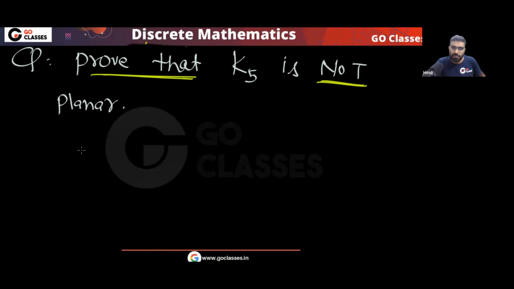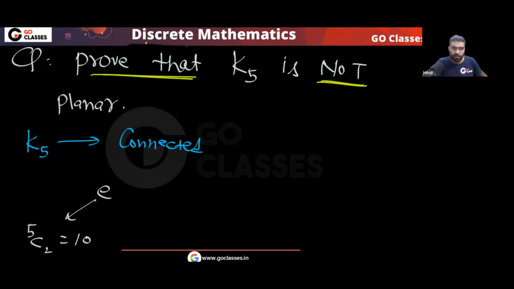See, very simple. For this K5, is this equation satisfied? This K5 is connected, you already know. What is the number of edges in K5? That is 5C2, that is 10. Remember, K5 is the complete graph on 5 vertices.